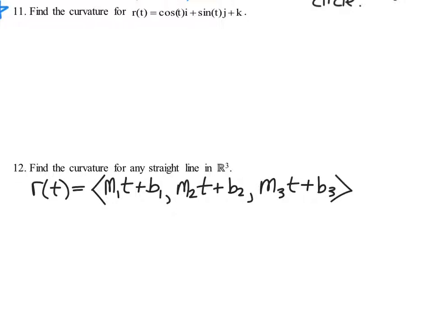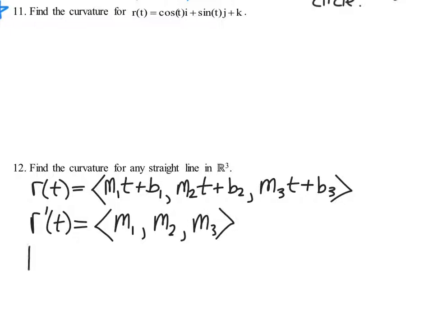The good news is the derivative is going to be pretty easy, because we know the derivative of a linear function is just its slope. So that gets you to m sub 1, m sub 2, m sub 3. And the magnitude is also pretty easy.